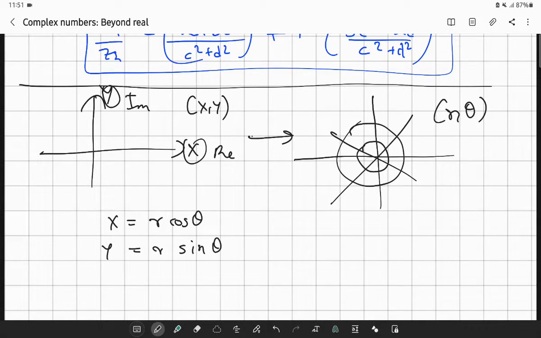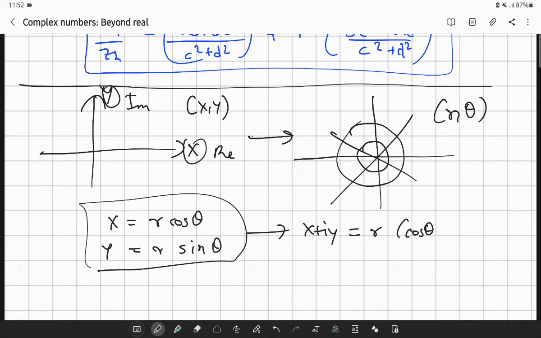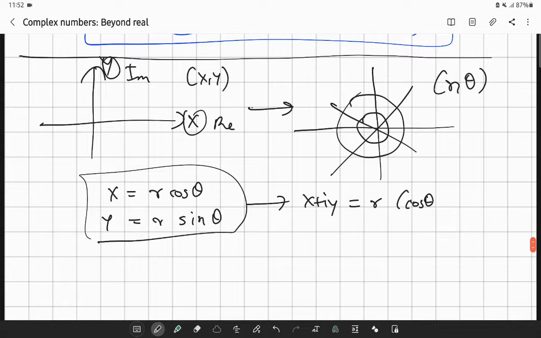I claim that x plus iy equals r cos theta plus i r sin theta. If I'm moving to complex numbers, I'll have an i here. That's the only difference. I can just use the same conversion relations here as well. There's nothing preventing me.